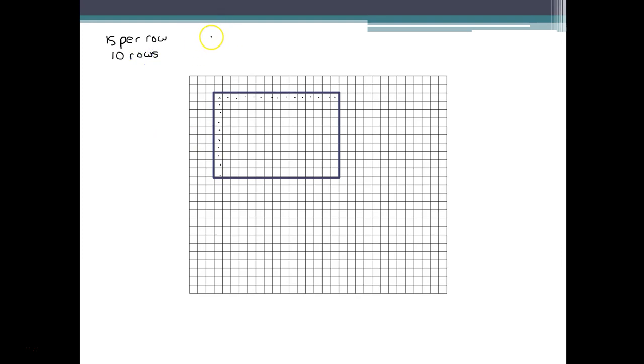So you could add up 15 10 times. Do that, you get 150 squares.